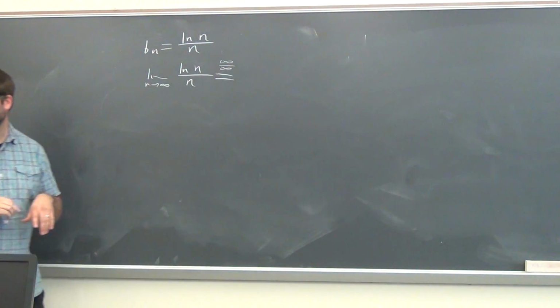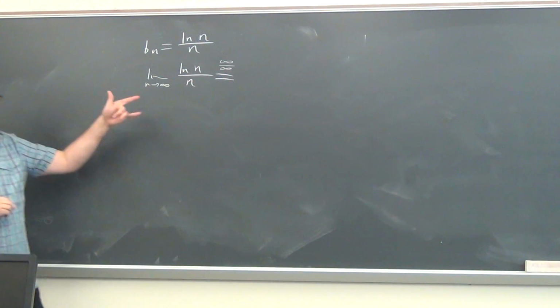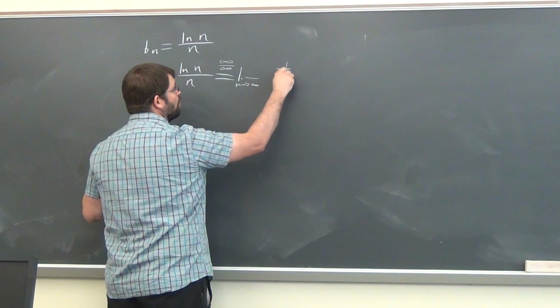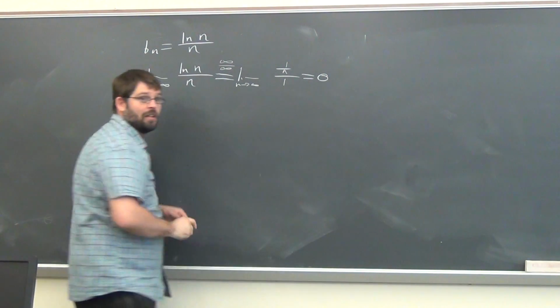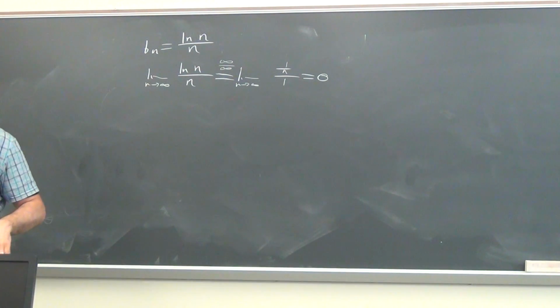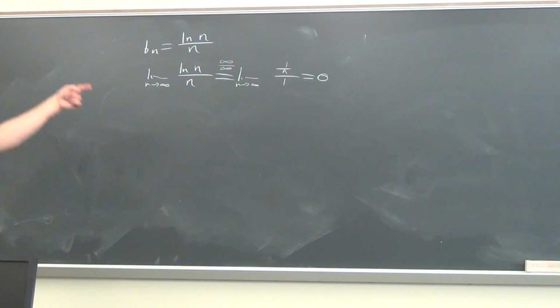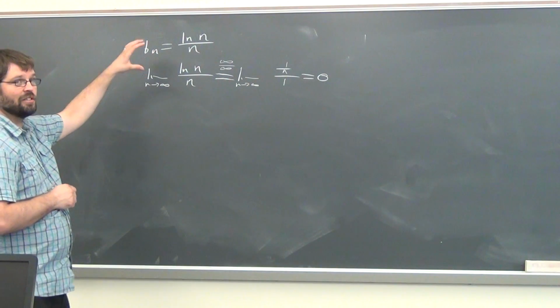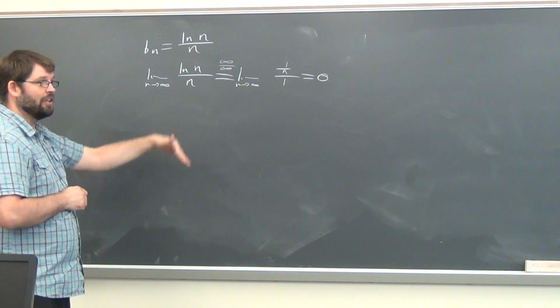Logs grow slower than the other thing, but if you have to, you do L'Hopital's rule again. So infinity over infinity, 1 over n over 1. You get a limit of 0. So we're going to use the alternating series test. That's the first thing. What else do we need to show? That it's decreasing. So the alternating series test requires the b sub n's limit is 0 and they're decreasing.